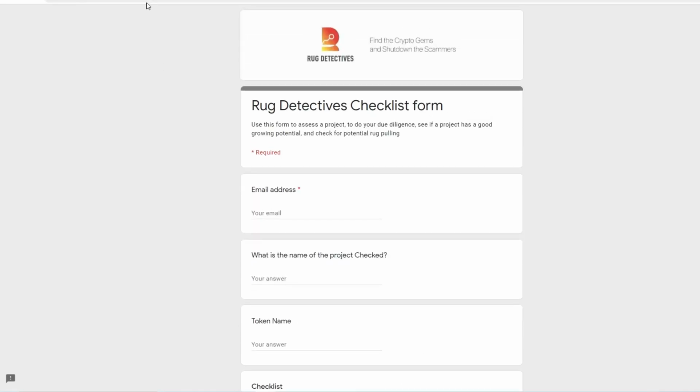If you want additional accountability, you can fill this out and send it to me. I can review it and say, great, this might be an interesting one, or you need to go on Telegram and ask the CTO about these questions or concerns I have. It's all about really growing as an investor, as a trader, learning the art of becoming successful in this space.